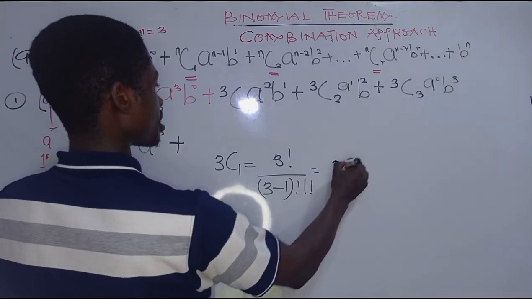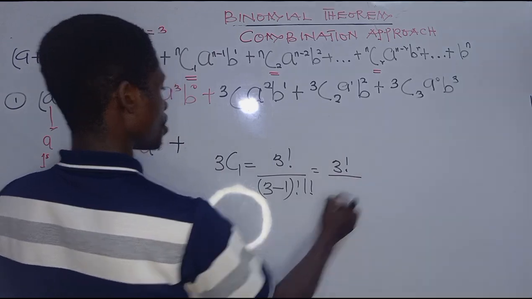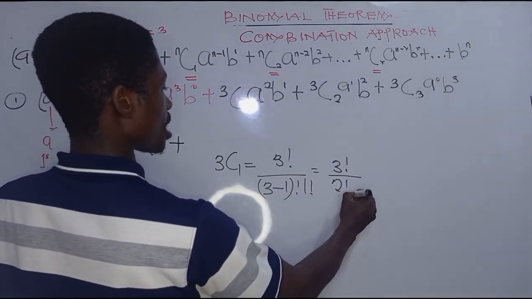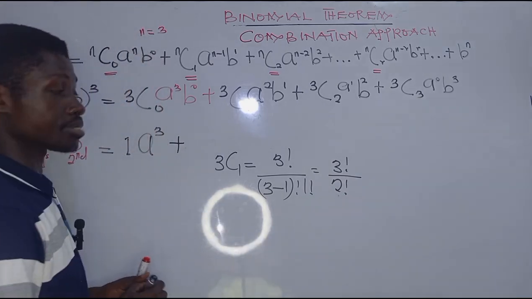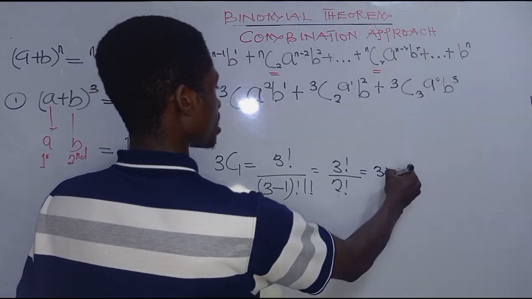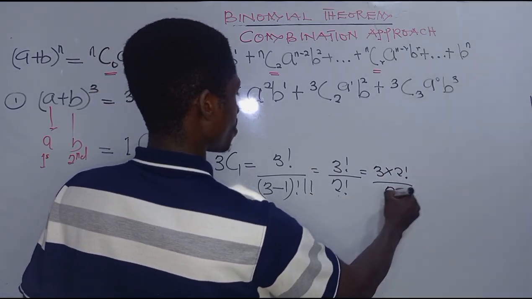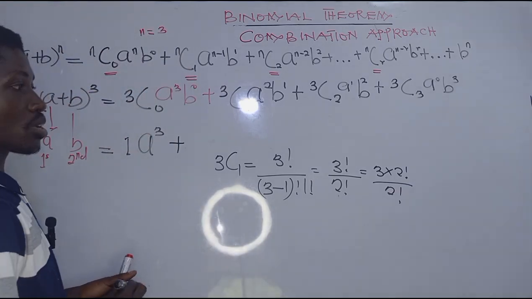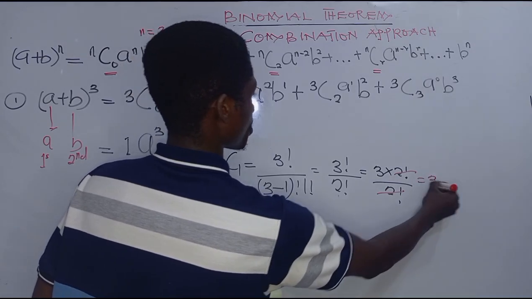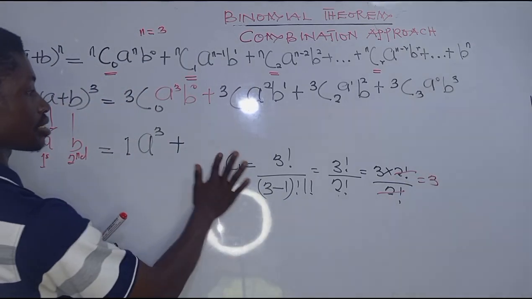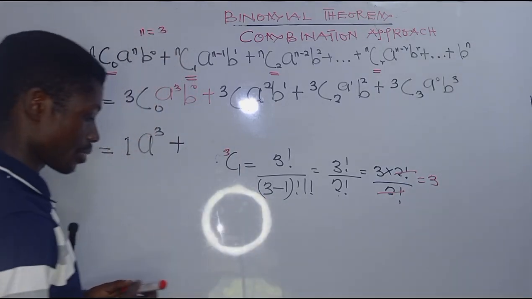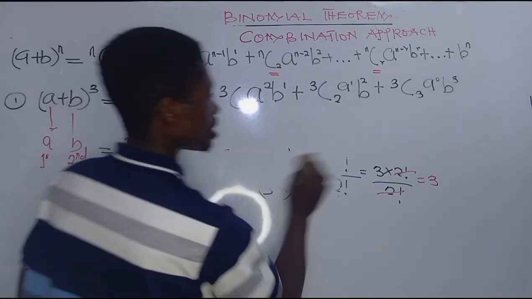So we have 3 factorial all over 2 factorial, multiplying 1 factorial, which is the same as 1. So 3 factorial will give you 3 times 2 factorial all over 2 factorial. So at the end, this will cancel that. We are left with 3. Therefore, 3 combination 1 will give you 3. Very, very easy.